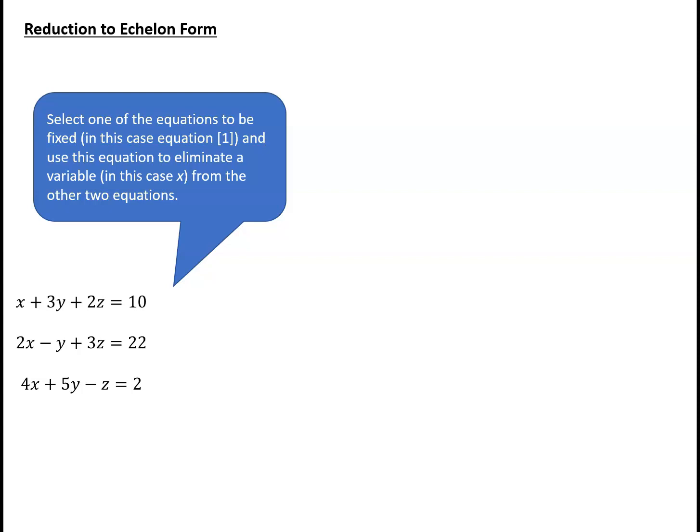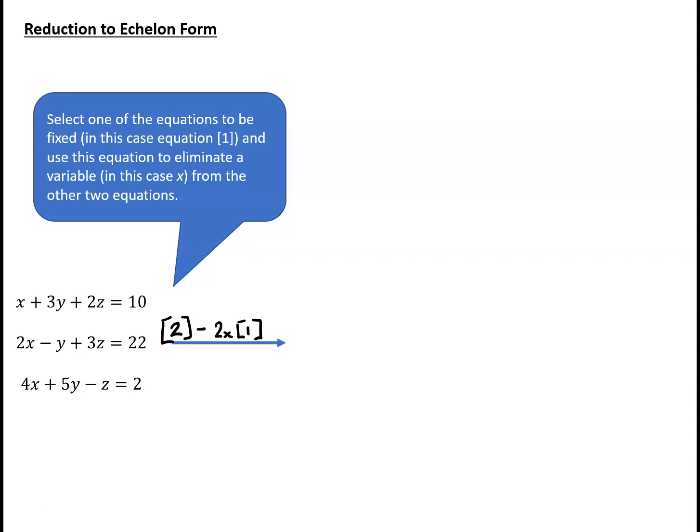I could eliminate x from equation 2 by taking equation 2 and subtracting 2 times equation 1. Now, when we're writing these out, it's a very good idea to set up a procedure of telling the person what you are doing, so having some sort of shorthand.